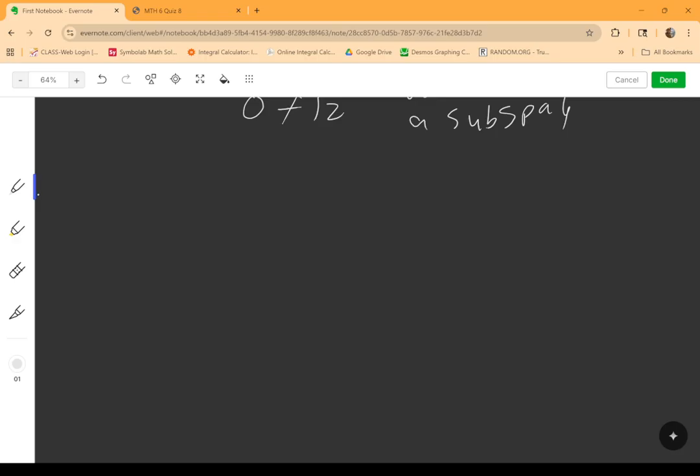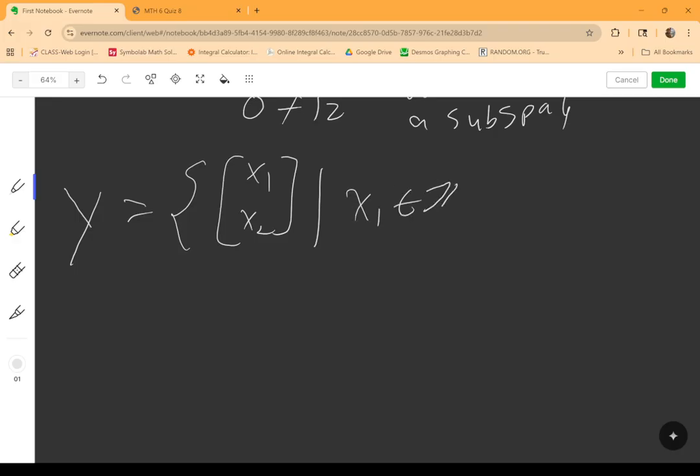Now let's look at another set. Let's say W is defined as the vectors x1, x2 with x1 an element of Z and x2 an element of Z, where Z is the set of integers.